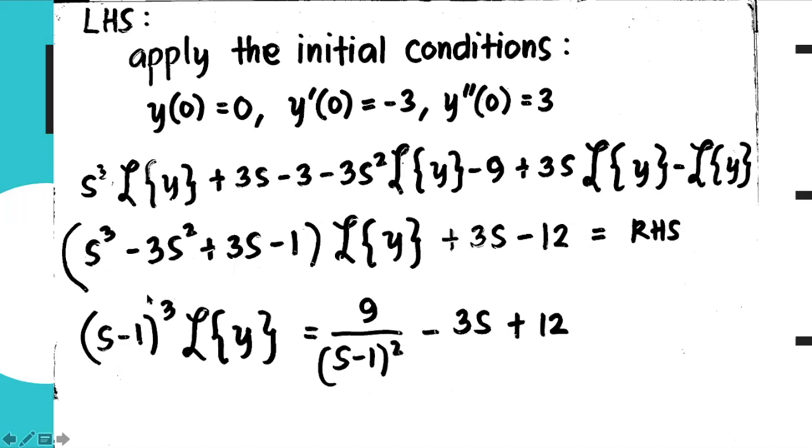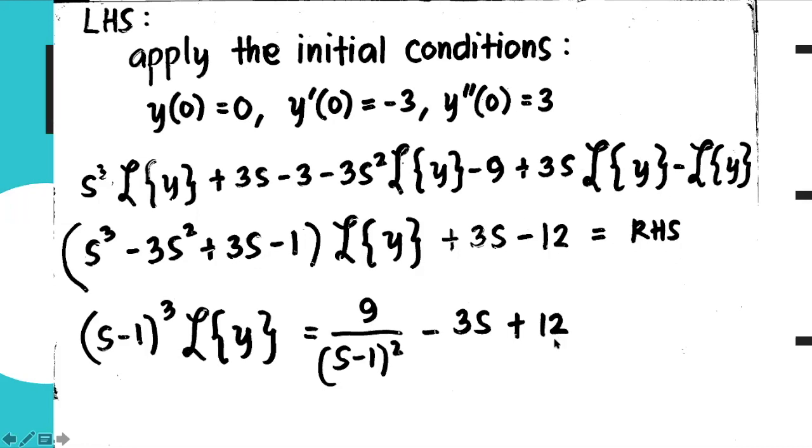Which is equivalent to s minus 1 cubed. So, inayos ko na siya. And then, ito naman yung transpose ko to the right side of the equation. Since Laplace na rin naman lahat yan. Okay. So ito, you have 9 over s minus 1 squared. Itong 3s transpose sa right side, magiging minus 3s. Itong minus 12 transpose to the right side will be plus 12.